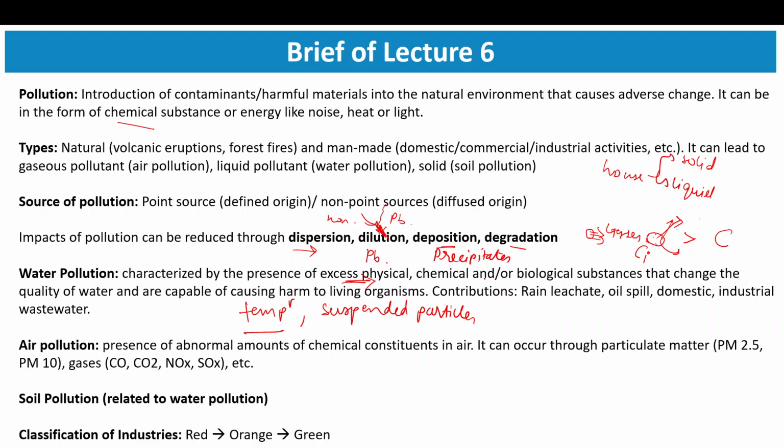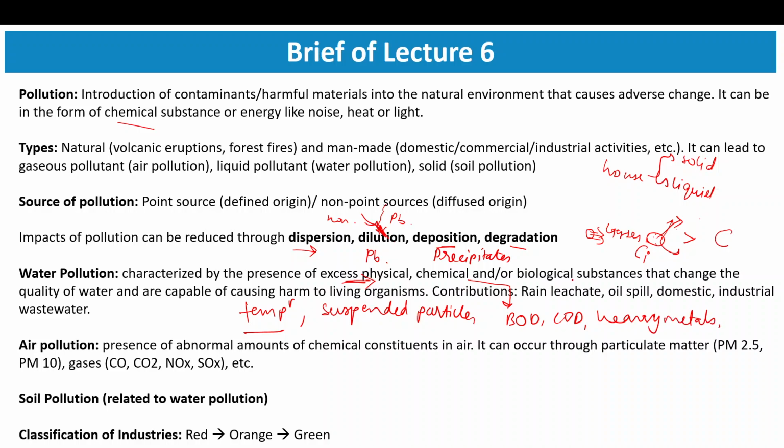Now next is due to the presence of chemicals in the water. Maybe you are able to see through your eyes or not. There are some chemicals which are very hazardous and have the tendency to impact your health adversely. Such chemicals include BOD, COD, then some heavy metals, right?